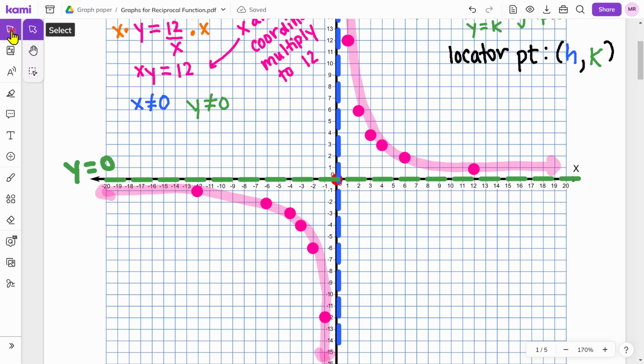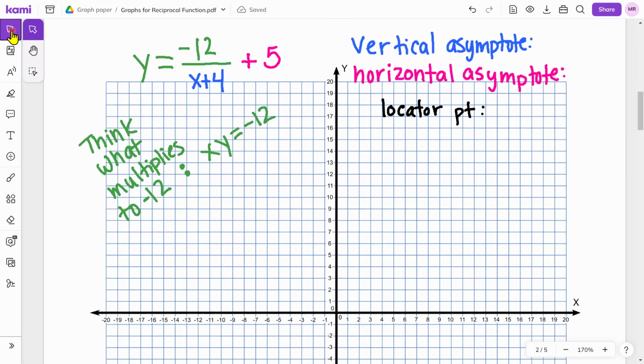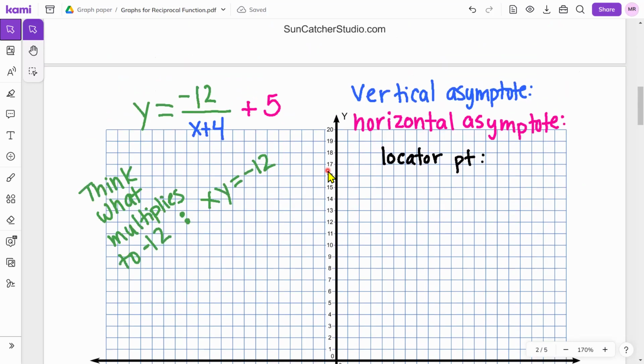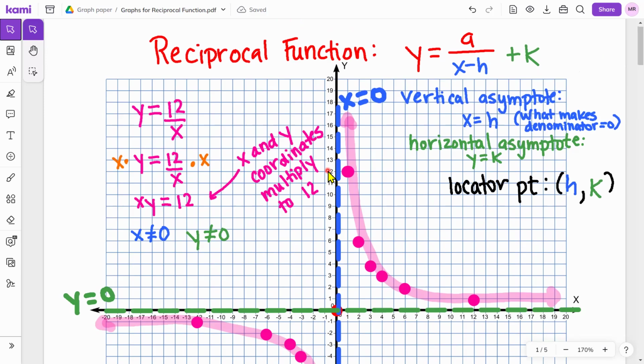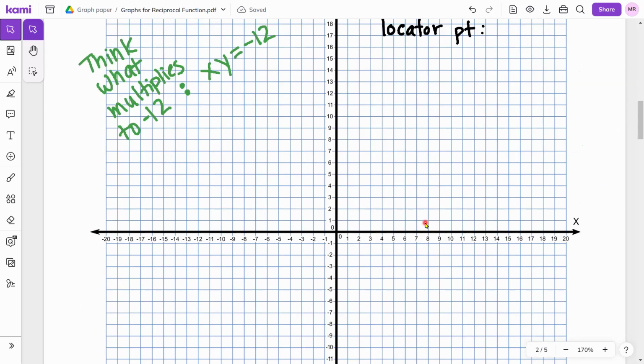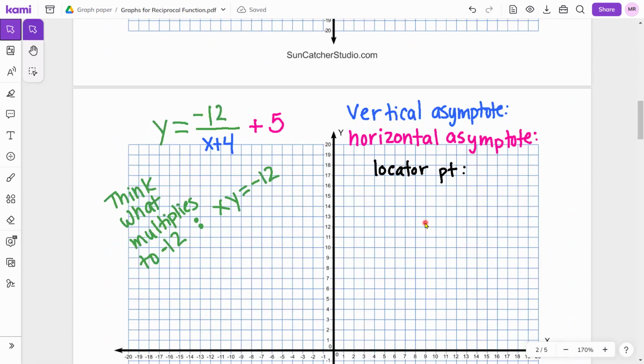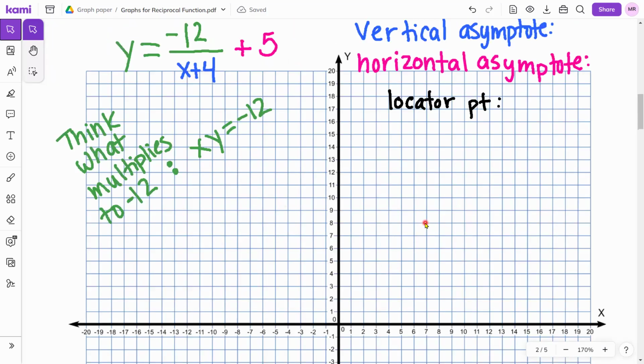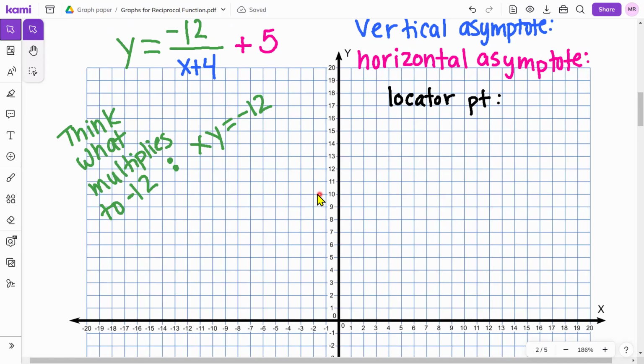Now, I'm going to have one that gets shifted. So here, this one, let's say I have it as a -12.